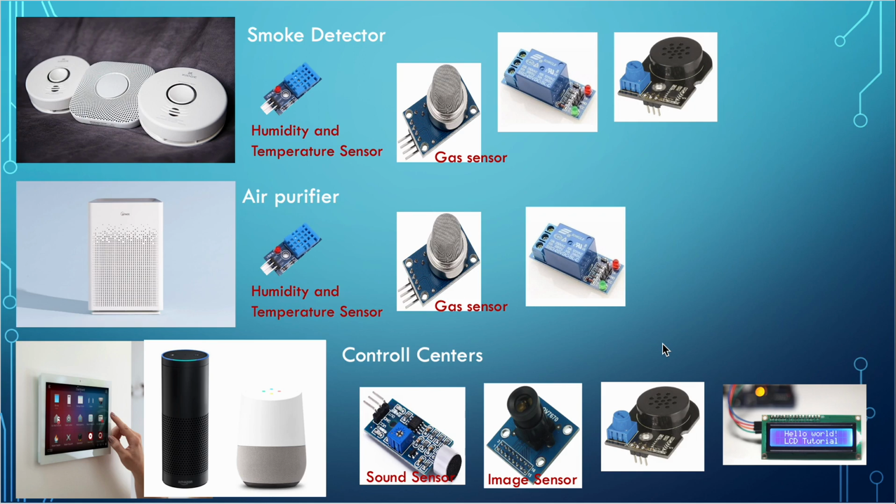But at the end of the day, when you say an IoT device, it would be a mixture of one or more sensors and one or more actuators connected together with processing power, with an embedded system. We talked about Raspberry Pi, we talked about Arduino, right, which give the processing power.